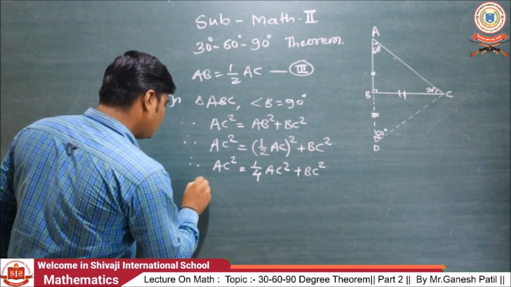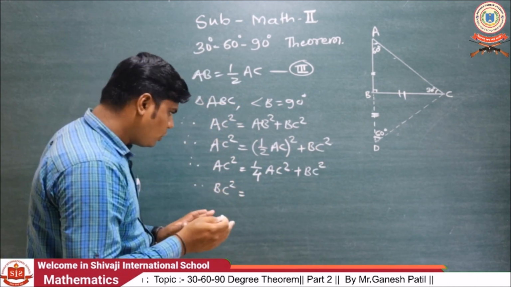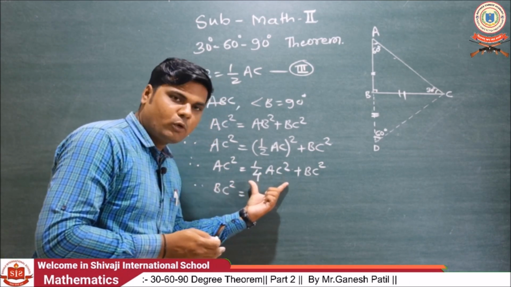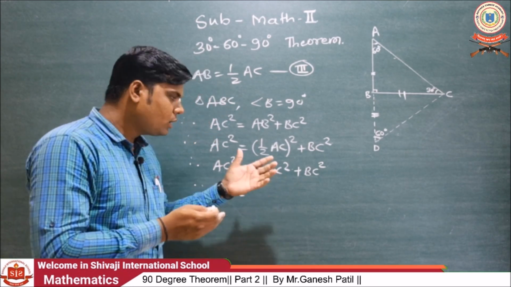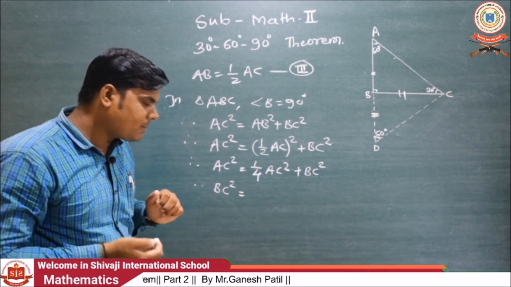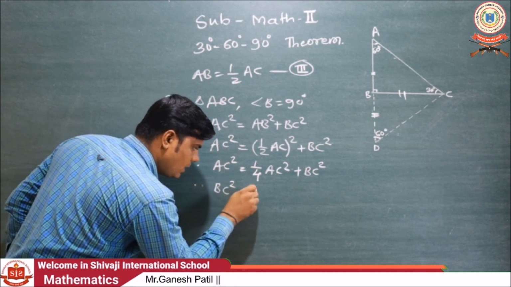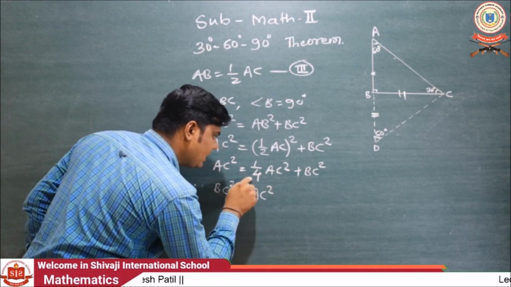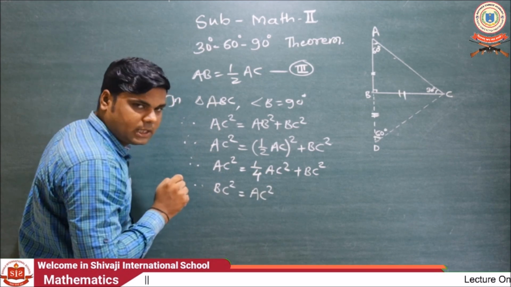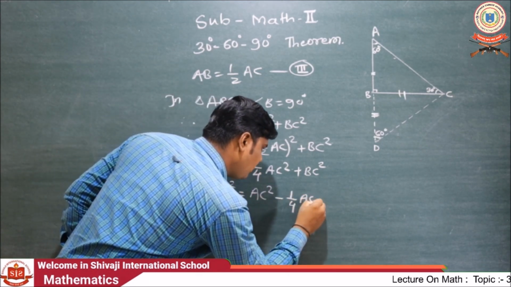Then we just have to transpose 1/4 AC square to the LHS, and it becomes minus. BC square is on one side, AC square is on the other side, and this part is transferred towards the AC square, and it becomes minus.